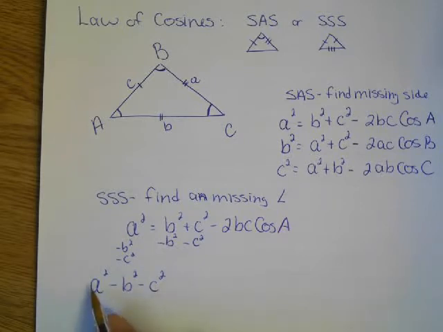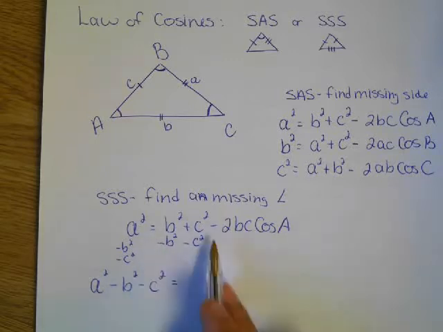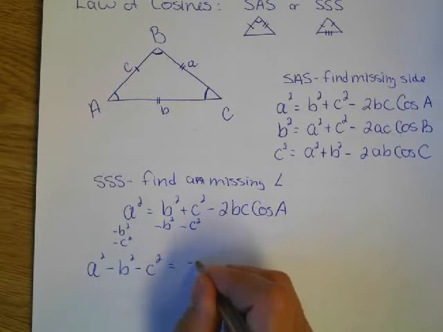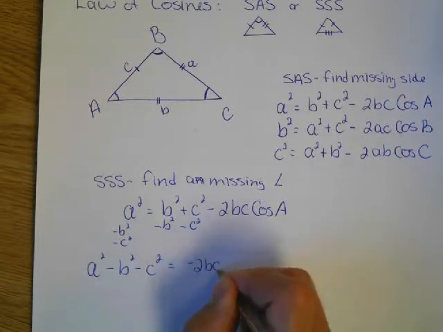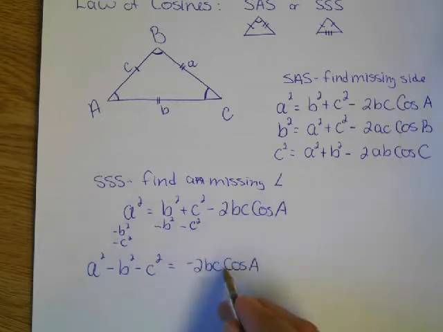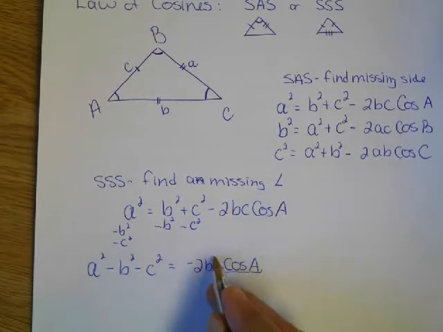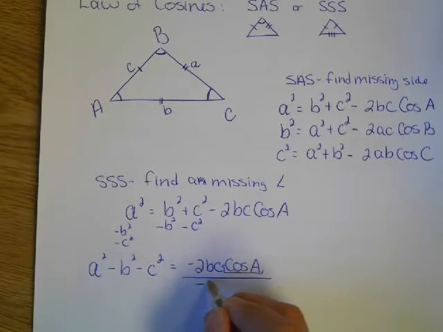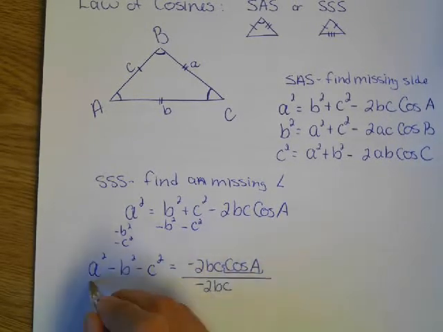But a squared has to stay at the front because it's the only positive one. That will leave this subtraction still here, making this a negative 2bc times the cosine of A. So again, I want to get rid of this whole chunk by dividing, because that whole chunk is multiplied by the cosine of A. So we're going to be dividing by negative 2bc.